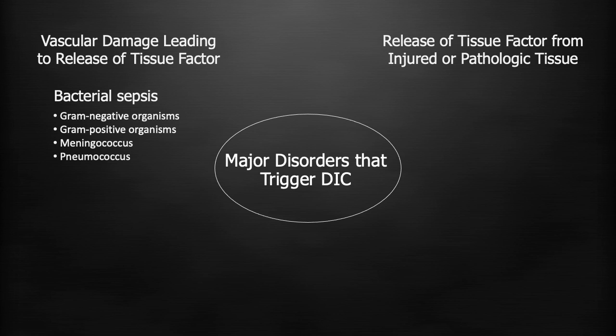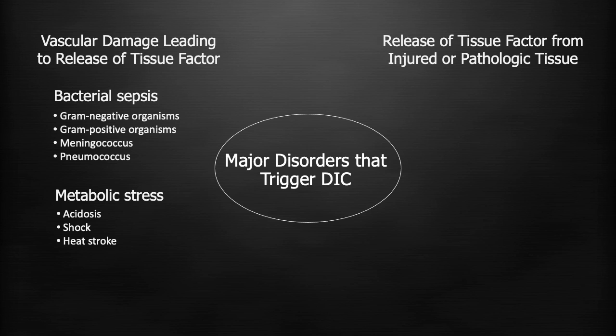The causes of bacterial sepsis include gram-negative and gram-positive organisms, meningococcus, and pneumococcus. DIC may be initiated by diffuse vascular injury caused by hypoxia, acidosis, and shock, often coexisting in very sick patients.